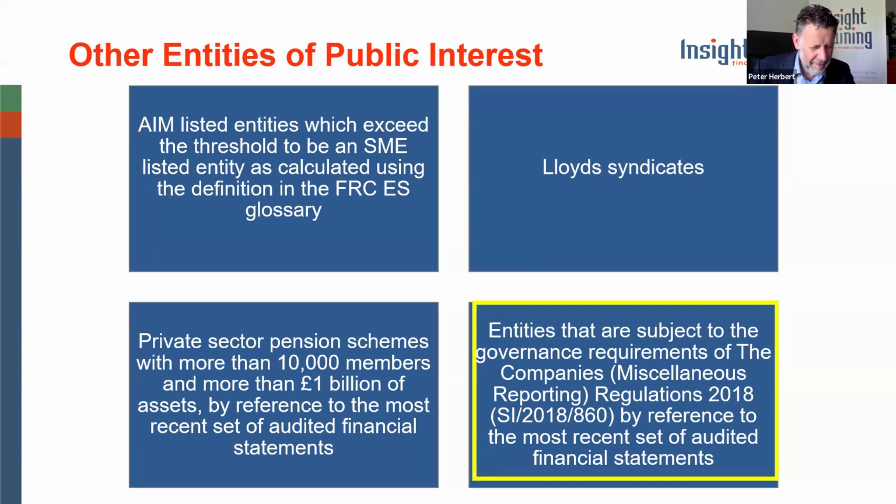And for the avoidance of doubt, what they're aspiring to do is to redefine public interest entity in such a way that it will be any entity, including a private company, which basically breaches what we tend to refer to as the 750 plus 750 threshold. So more than 750 million turnover and more than 750 employees.